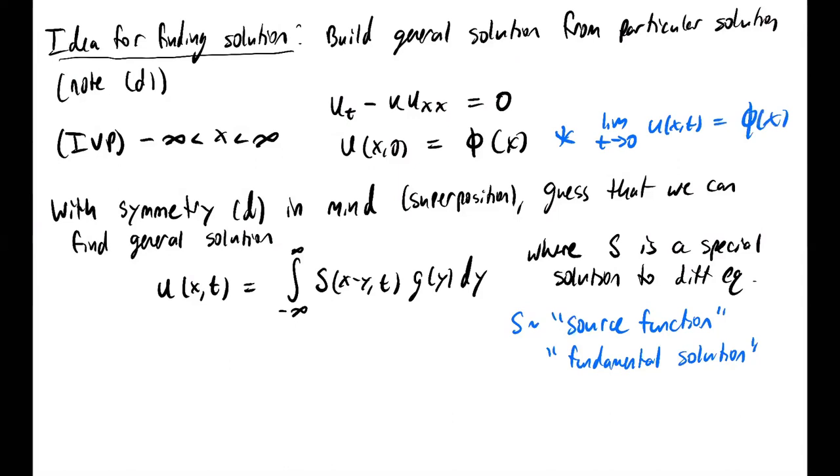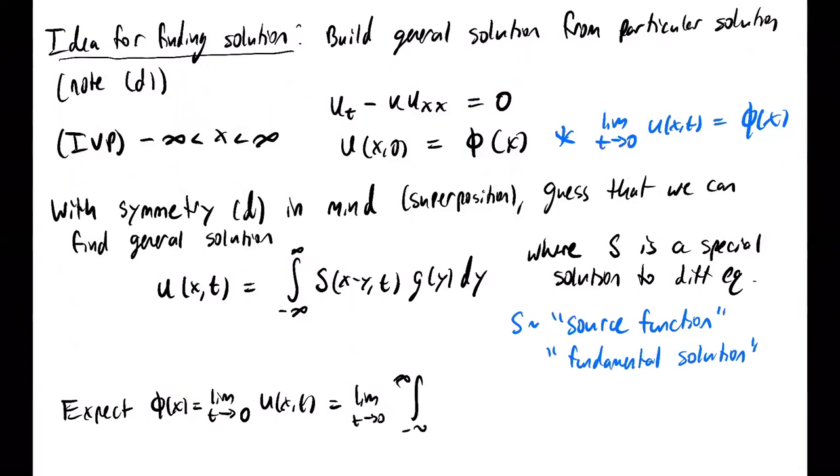And so if I look at this integral below, well, what do we expect? I expect that phi of x is the limit as t approaches 0 of u of x, t, right? And so that means I should be able to recover my initial condition phi by taking the limit as t goes to 0 of this integral.